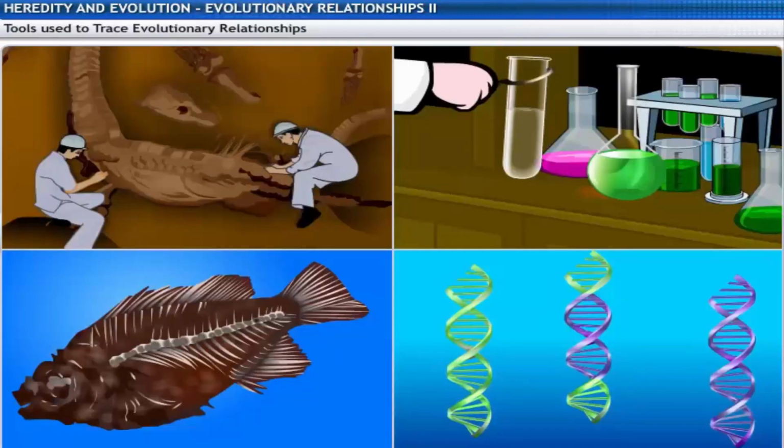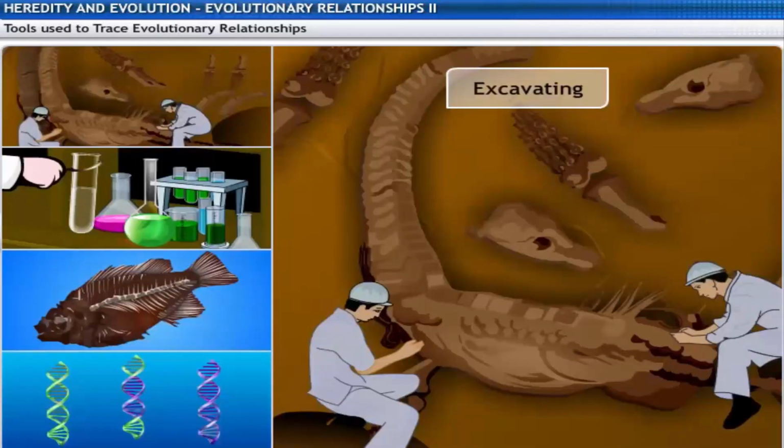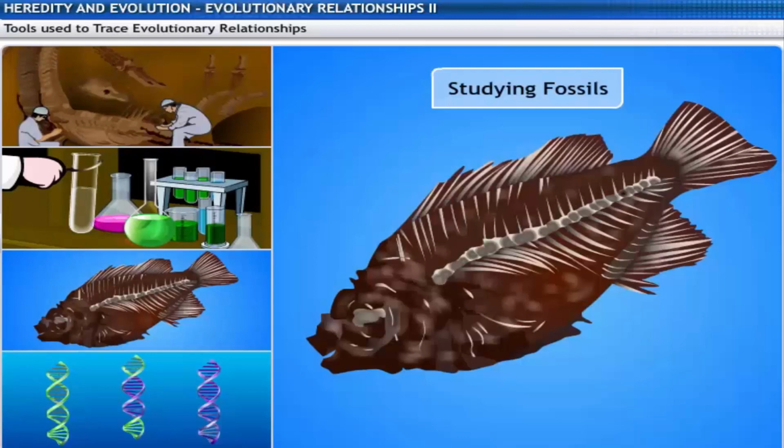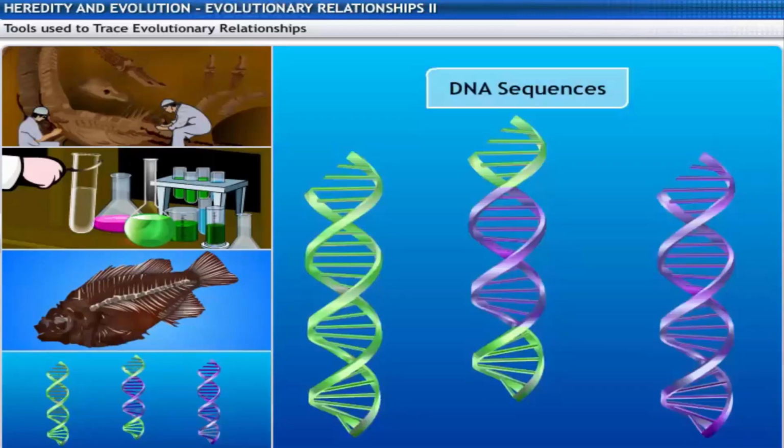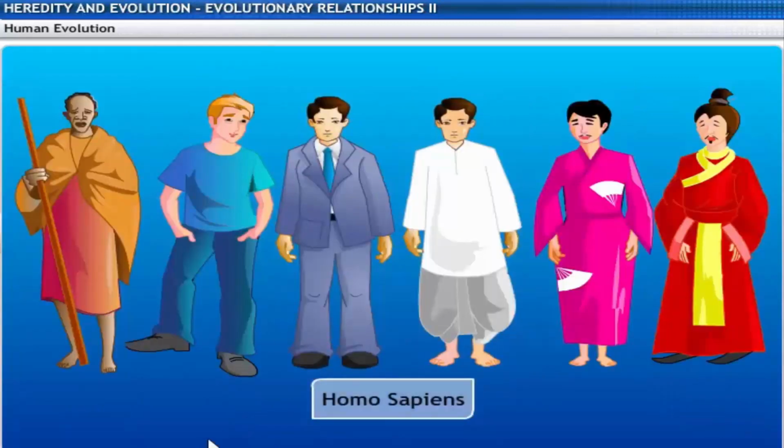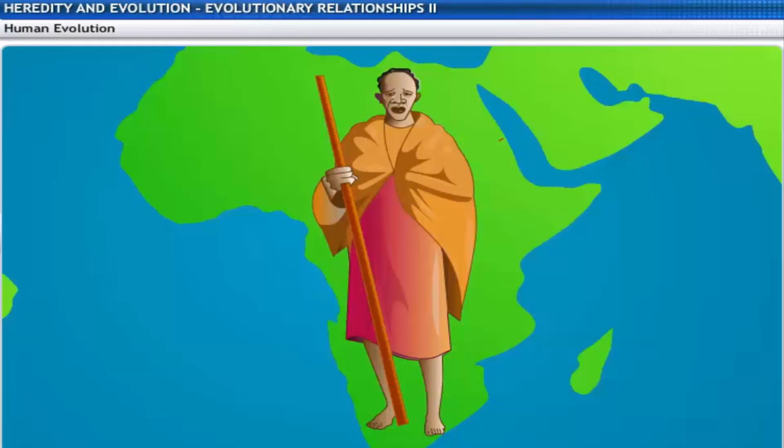The tools for tracing evolutionary relationships, like excavating, time dating, studying fossils, and determining DNA sequences have been used for studying human evolution. All humans are a single species. The earliest members of the human species, Homo sapiens, are traced to Africa.